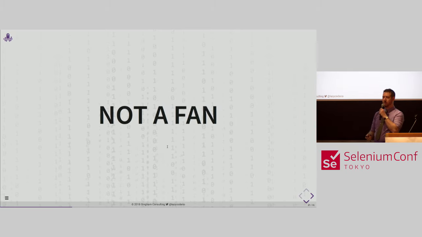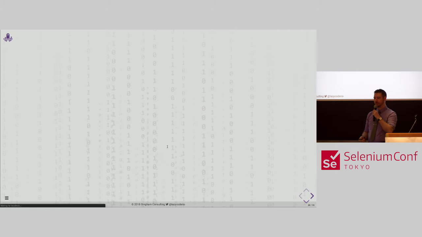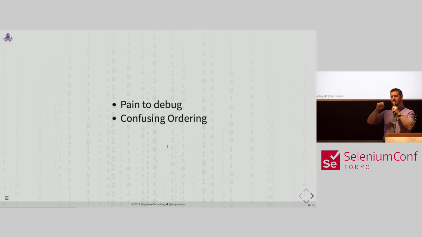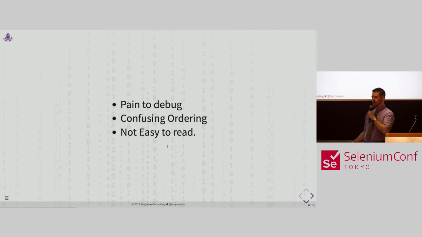I have done them. I am not a big fan of them. They're a pain to debug because essentially the only error that gets returned is this line failed, and that one line is the entirety of your test. The ordering is sometimes confusing because they try to make the test itself a sentence of sorts, and to get the assertion within that sentence at the same time is really, really weird.